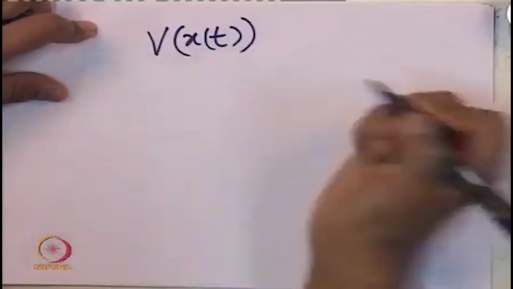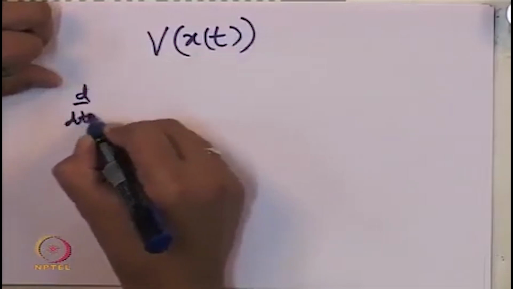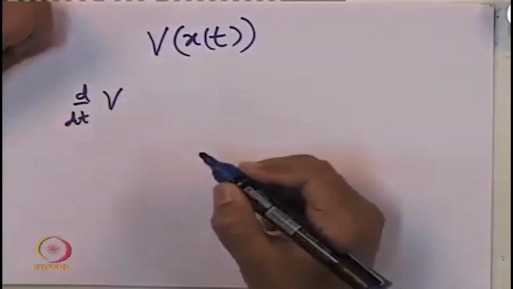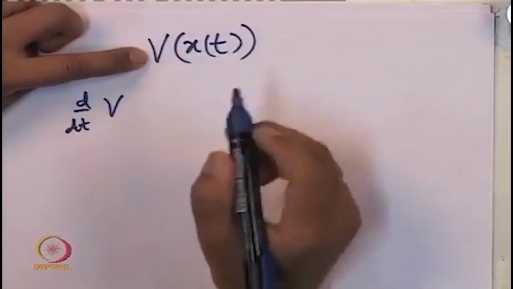So, we will see what it means to differentiate v with respect to time now. v of x, and x itself depends on time t. This is what we call a composite function. v depends on x while x itself is a function of time.